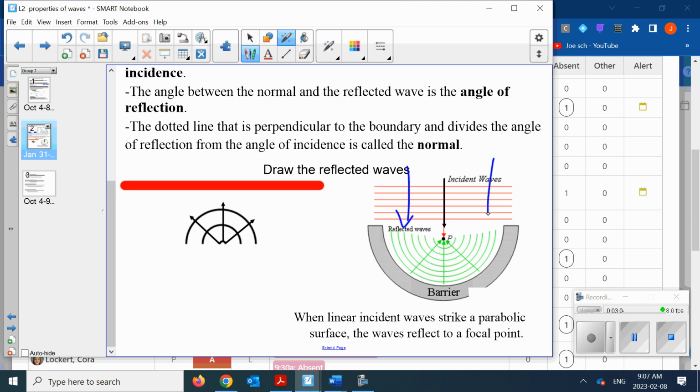Now you couldn't just have a receiver here in the middle. It's placed at that spot on the curve. These waves come in. They all bounce back to the receiver. So you get a lot of signal collected onto one spot, and that's where you're using that. Old school 1980s satellite dishes.